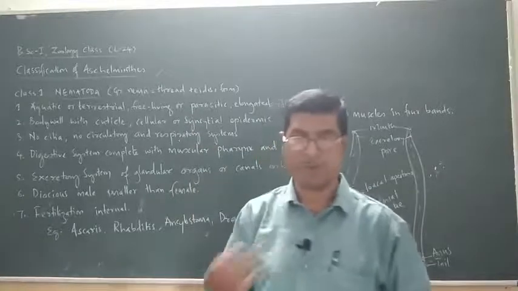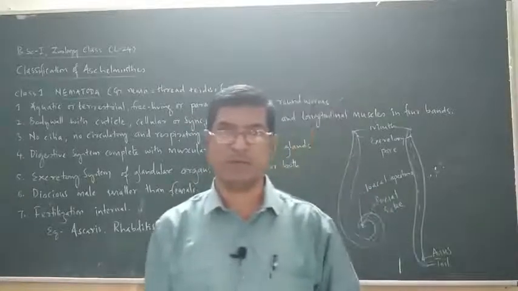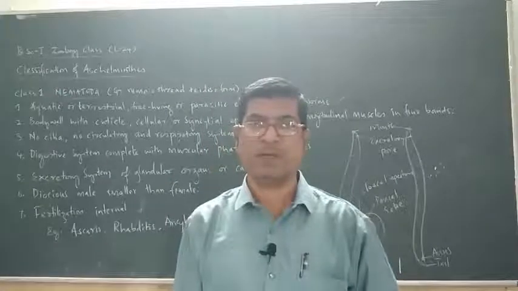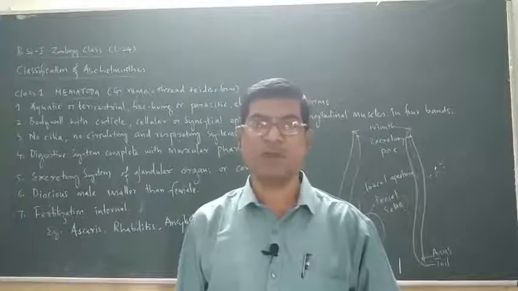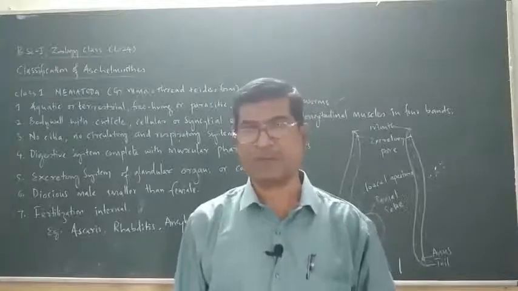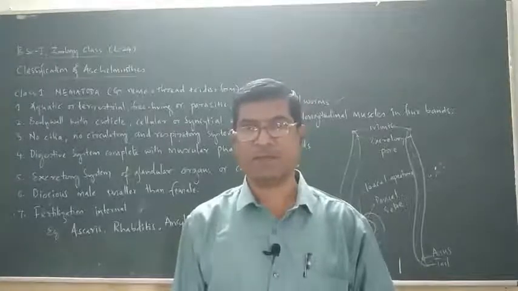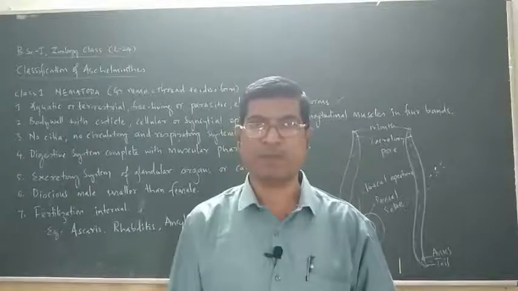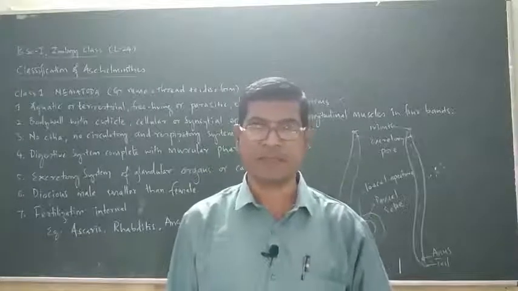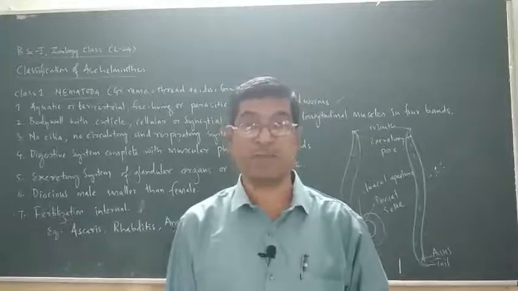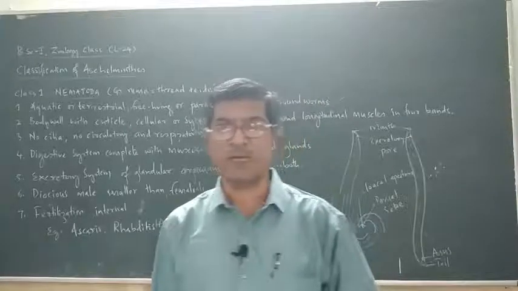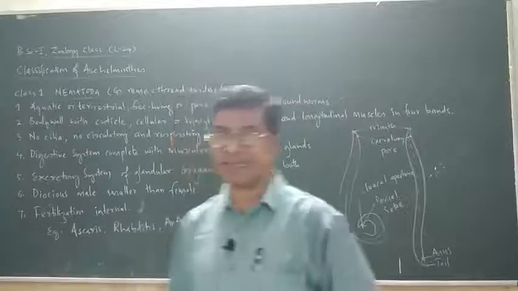They may lead a free life without depending on other organisms, or they may lead a parasitic life. Parasitic life means they have to depend on other animals for their sustenance, for their living. So they are called parasitic forms.